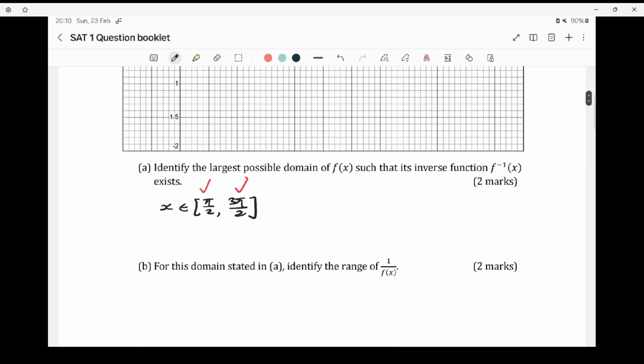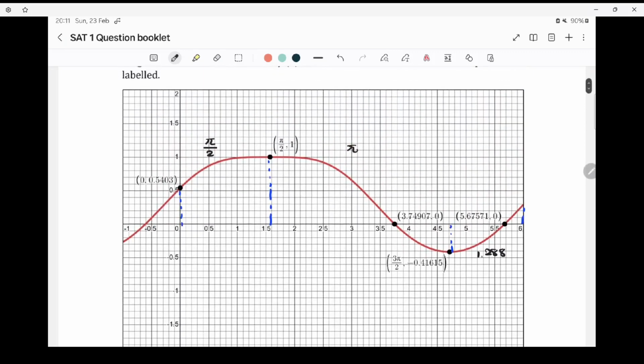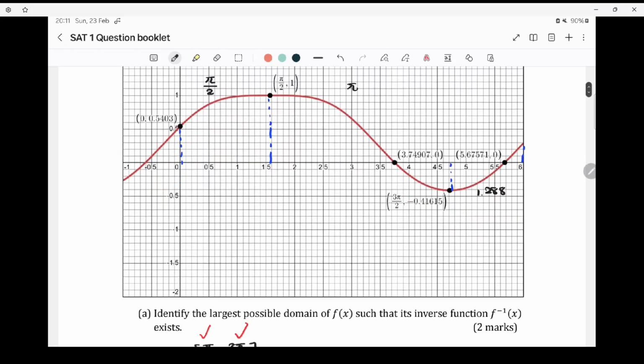For this domain stated in A, identify the range of 1 over f(x). So this is not the inverse function, but rather you need to look at this particular domain. And then you identify the reciprocal function.